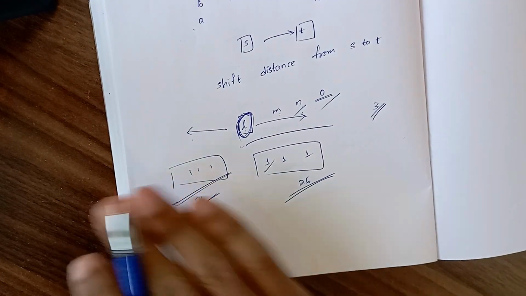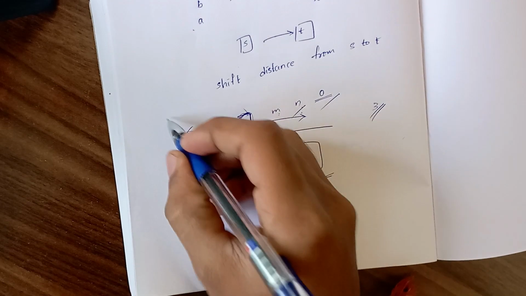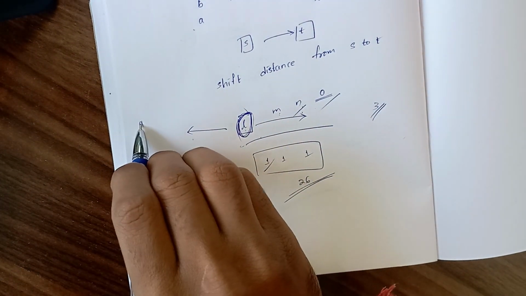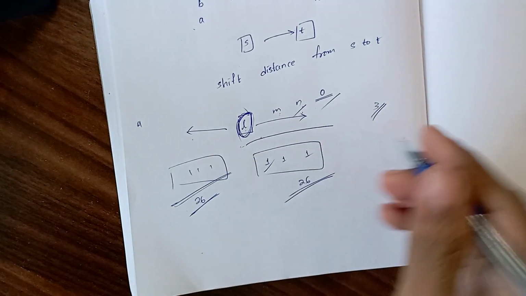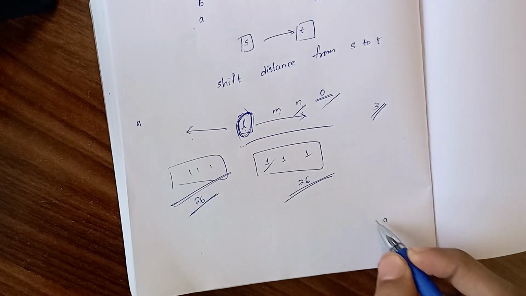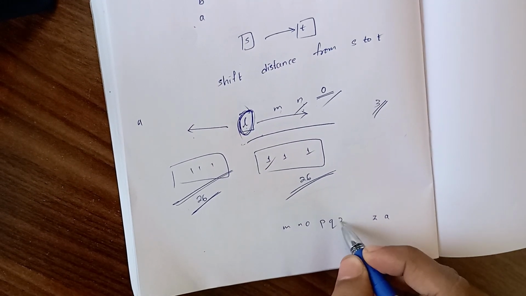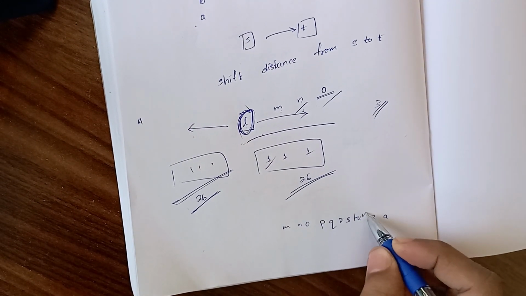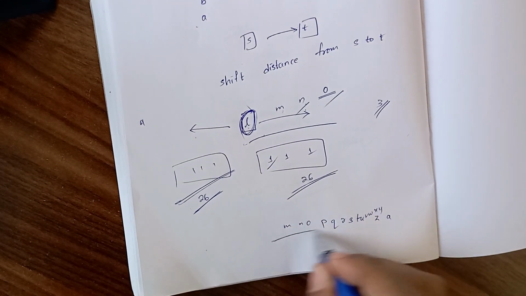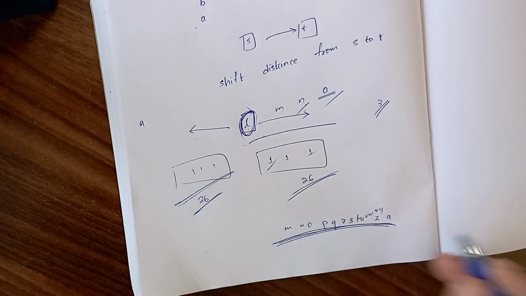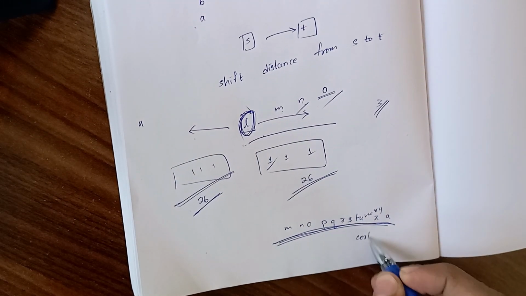But if you go previous, that means L goes to A, and A goes even previously to Z. That means M, N, O, P, Q, R, S, T, U, V, W, X, Y. These are the letters we need to consider and their costs.